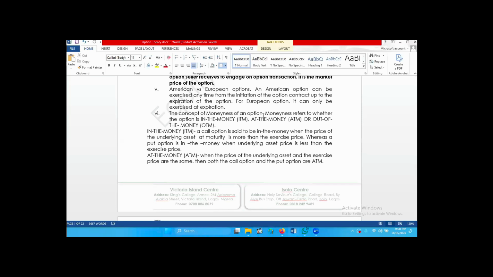Moneyness of options simply explains whether the option contract is profitable or not profitable.